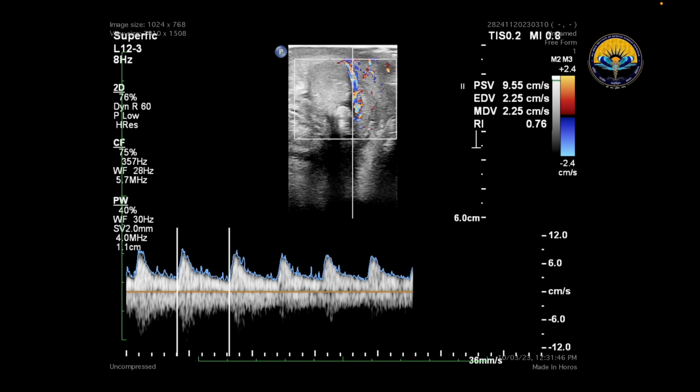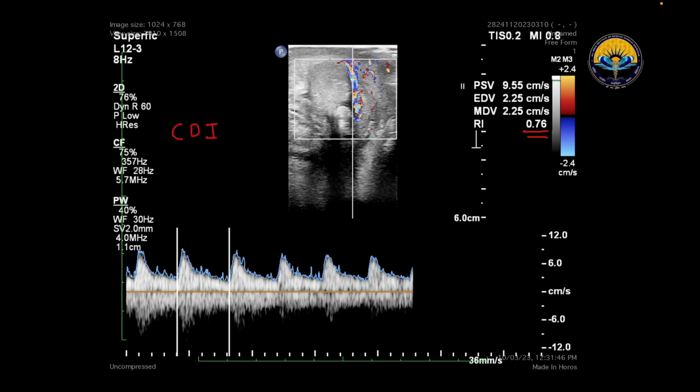That's why we did color Doppler imaging for assessment of the blood flow to both testes. Look over here in the next USG image: we can see a 0.76 resistive index in the testicular artery in the right testis.